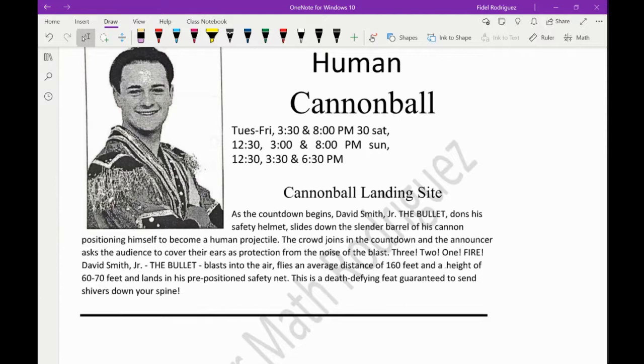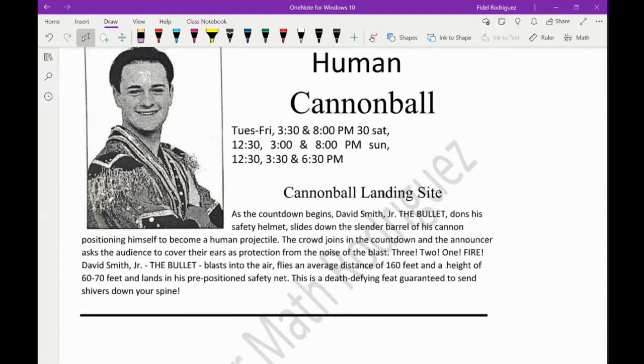The crowd joins in the countdown, and the announcer asks the audience to cover their ears as protection from the noise of the blast. 3, 2, 1, fire. David Smith Jr., aka the bullet, blasts into air, flies an average distance of 160 feet and a height of 60 to 70 feet, and lands in his pre-positioned safety net. This death-defying feat guaranteed to send shivers down your spine.